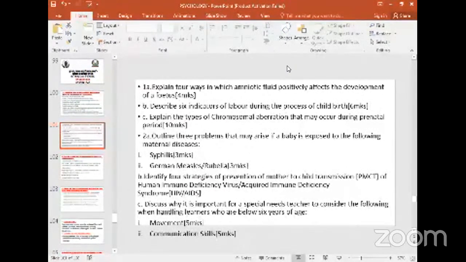Hii Down syndrome itatuchanganya kabisa. Rudia hiyo Down syndrome characteristics.